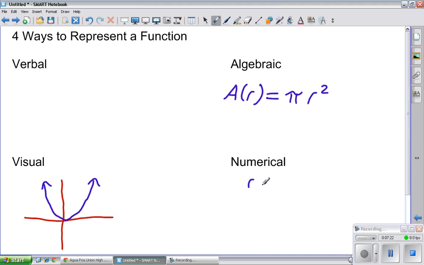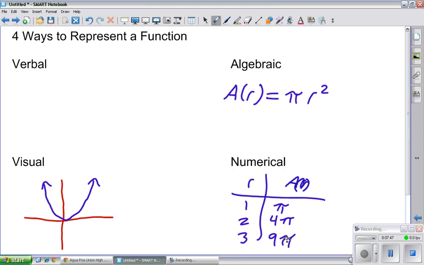So if you're given the radius, then what would the area be? So if the radius were 1, area would be just pi. If the radius is 2, area is 4 pi. If the radius is 3, area is 9 pi.